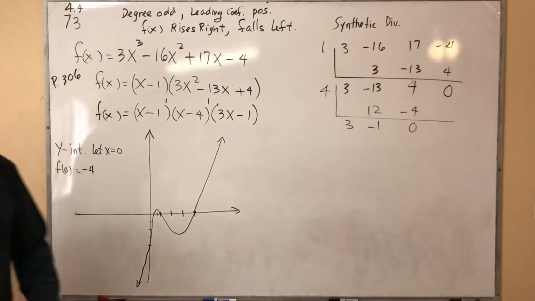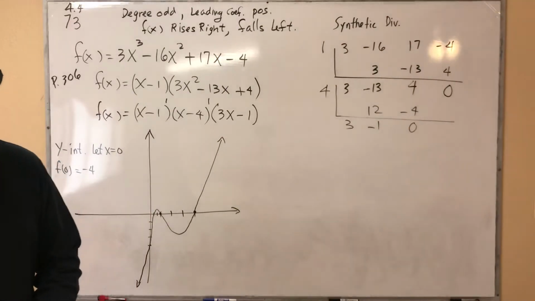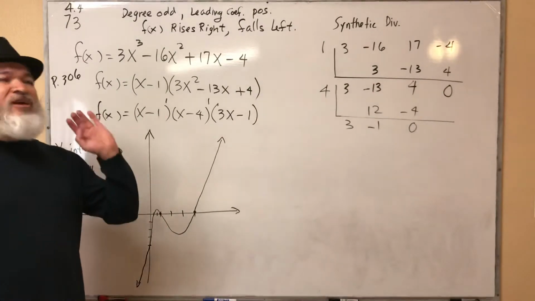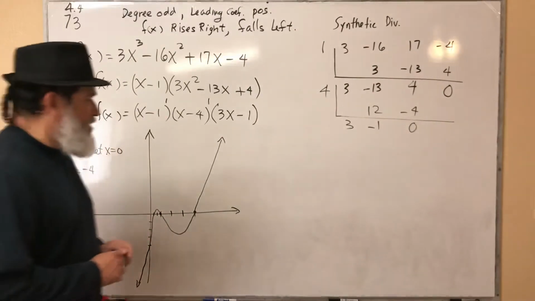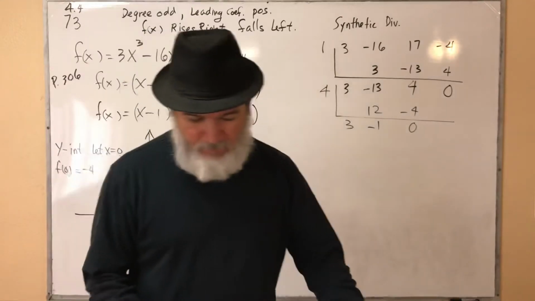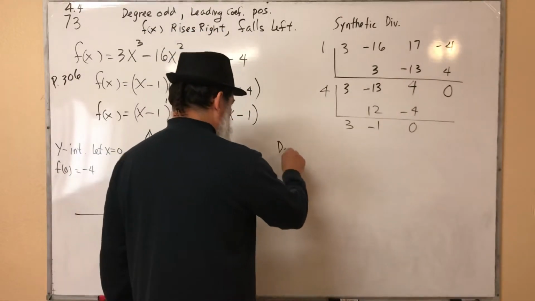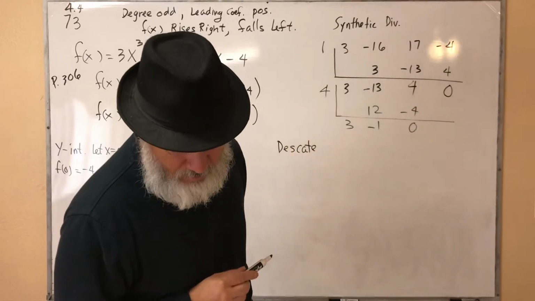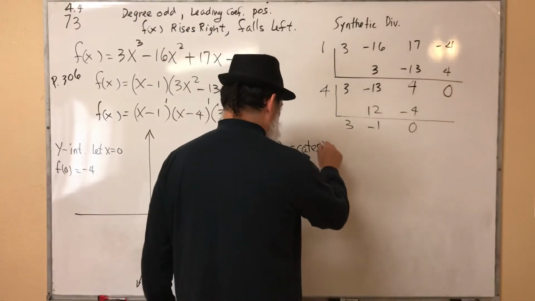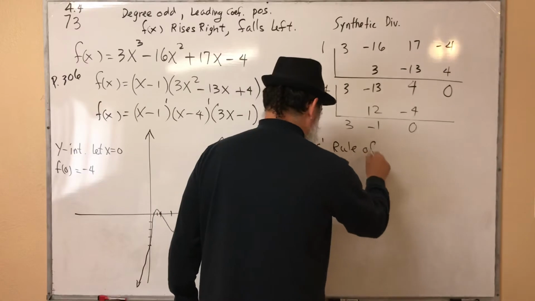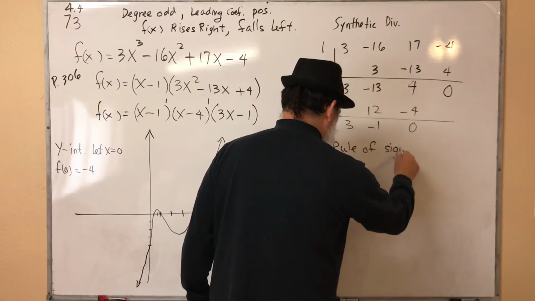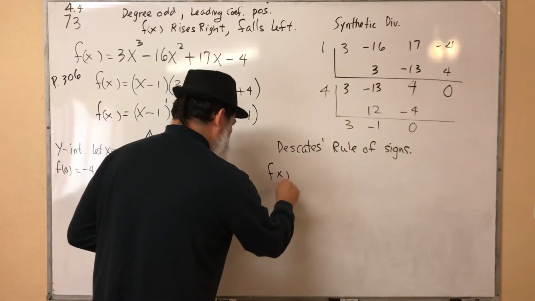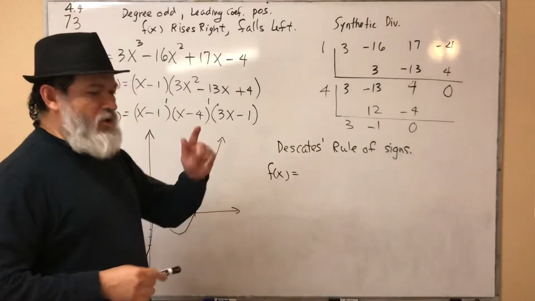By the way, there's another rule. They call it the Descartes rule of signs. You look at the variations. So watch this. First, you look at f of x, and we're going to look at the signs.